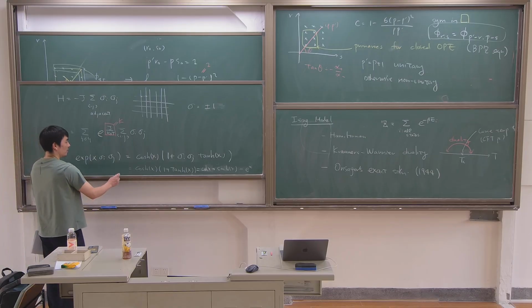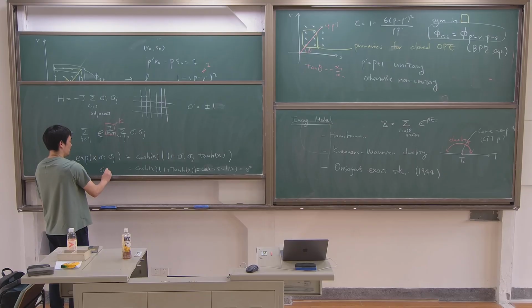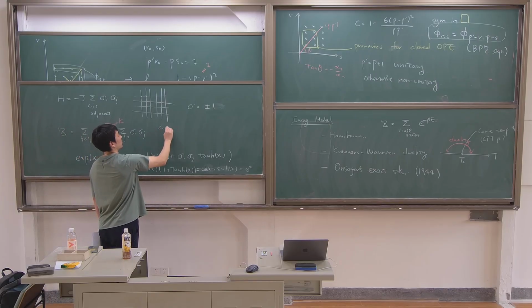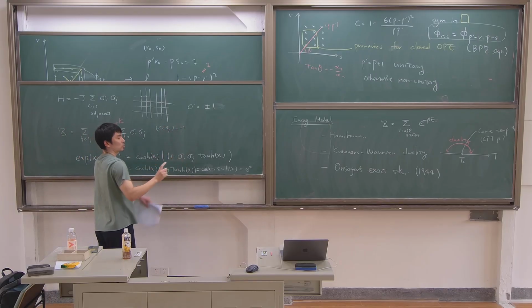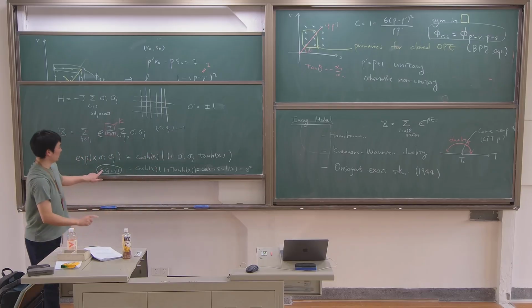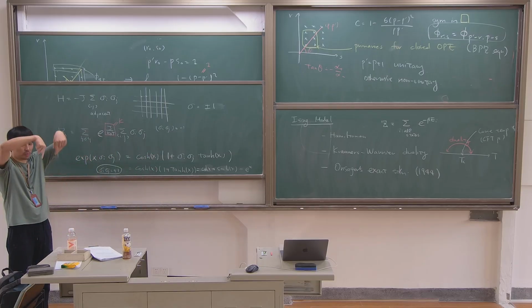Okay, this is when sigma i and sigma j is equal to plus 1. And when sigma i, sigma j is minus 1, so this one is either spin up or spin down case.